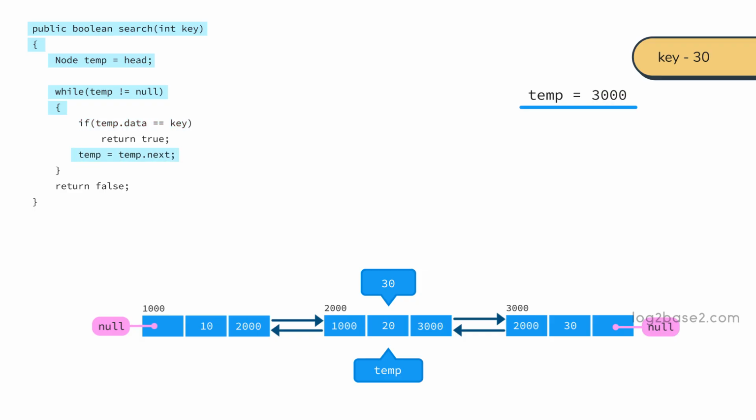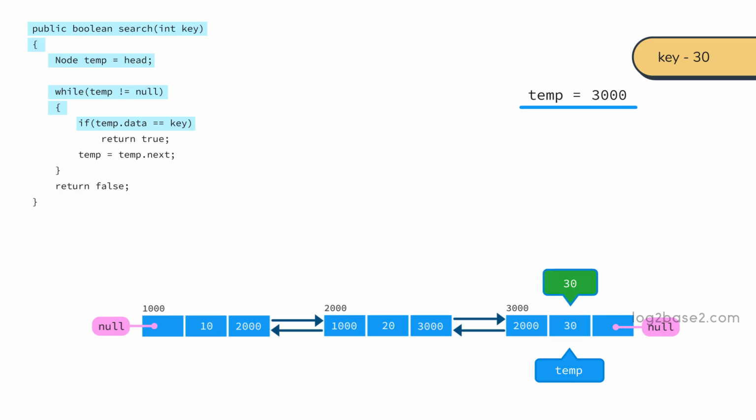So temp will now point to the next node at address 3000. Now again check if temp has become null. And it has not, so enter the while loop and check if data at 3000 is equal to the key. And when we compare the data 30 and the key 30, both are the same. So the if will become true and it will return true as the key is found. So this is how it works.